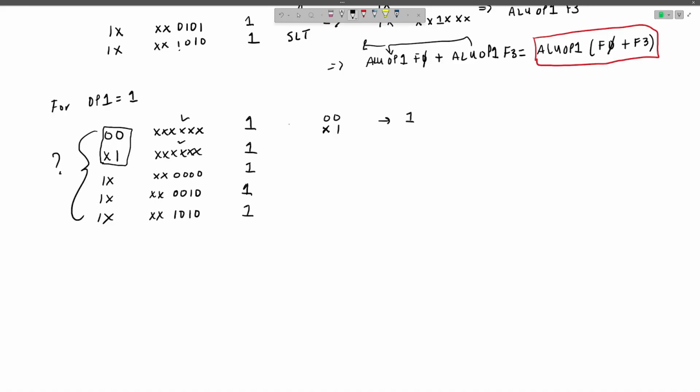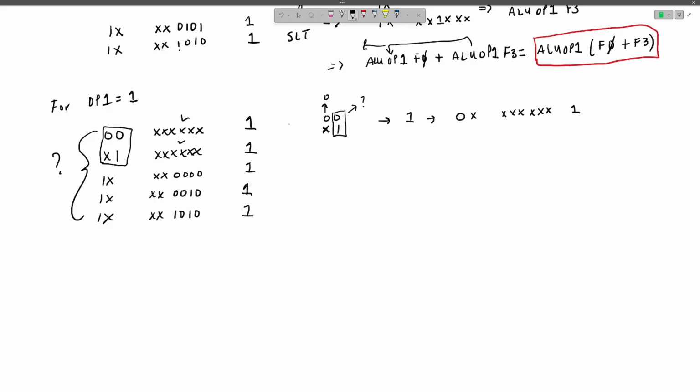So that means the only difference is this 0 and 1. Could it be that it doesn't matter? We don't care if it's 0 or 1 as long as this is 0. If that's true, then that means that we can specify this first one has to be 0. The next one, we don't care. Same, we don't care about the function field. And that's a 1.